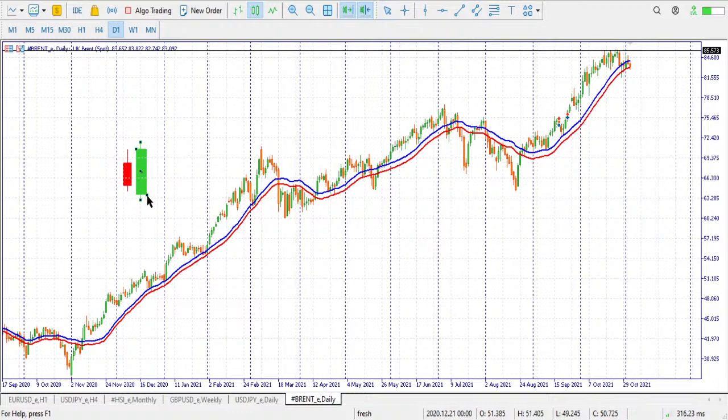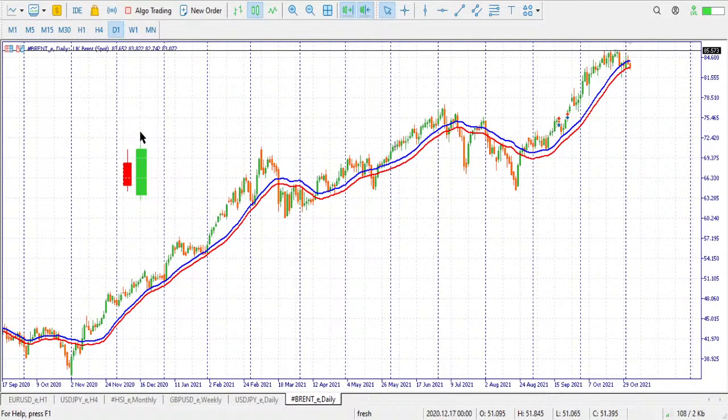You can see basically that the size of the current candle, which is the green one, is way bigger than the size of the red one, and the high of the green one is higher than the high of the previous one, and then the low of the current one is lower than the low of the previous one. Then the size of the body of this candle is greater than the size of the body of the previous one. Then this is an engulfing setup.